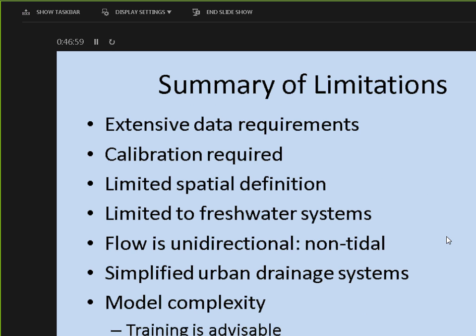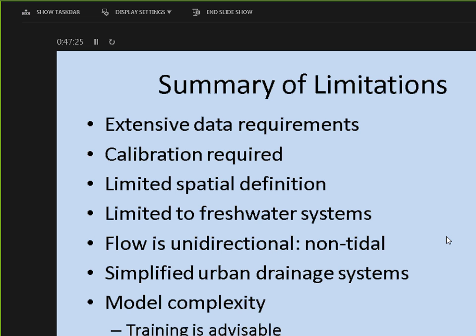Summary of limitations: it obviously has extensive data requirements. Calibration is required. It's got limited spatial definition. It's not a grid-based model. We're limited to freshwater systems. Flow is unidirectional. It's not a hydrodynamic model that calculates the elevation of the water surface and can have water flow in different directions.